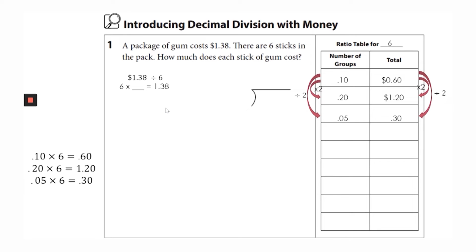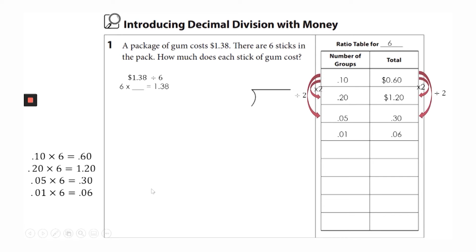Okay, do we have anything we can use so far? $1.20 is close to the $1.38, but if I add 60 and 30, that's not going to help me yet. What can we do next? How about 1 cent times 6, or 1/100th times 6? That's 6 cents.